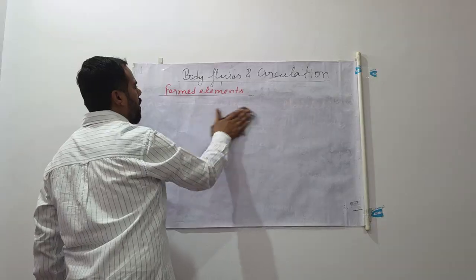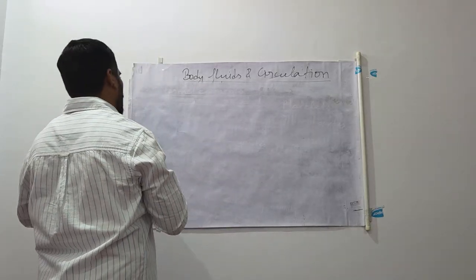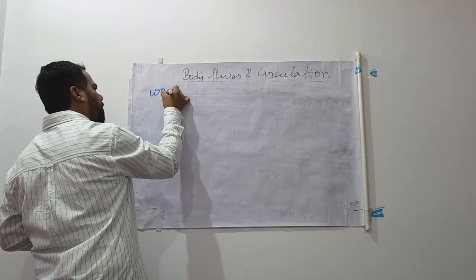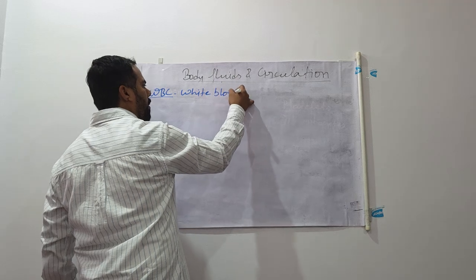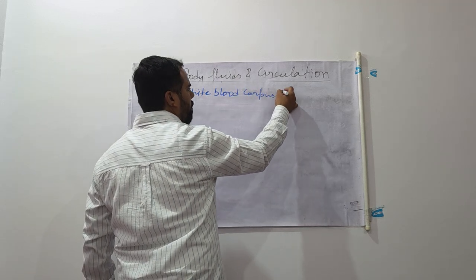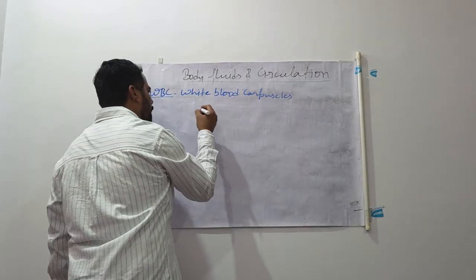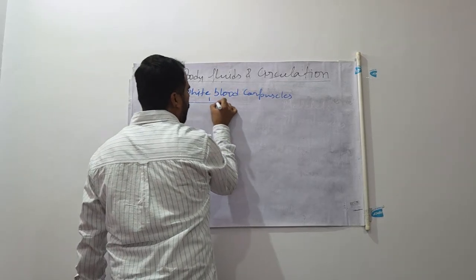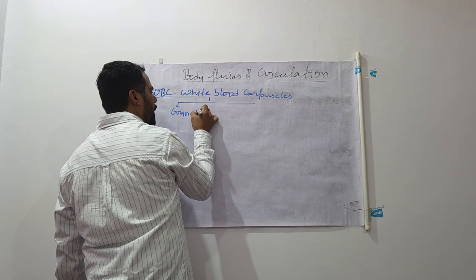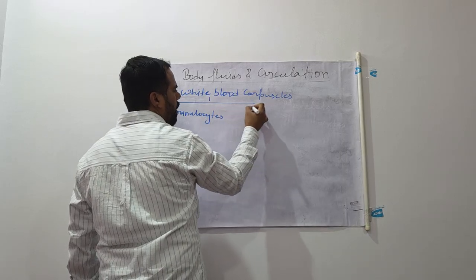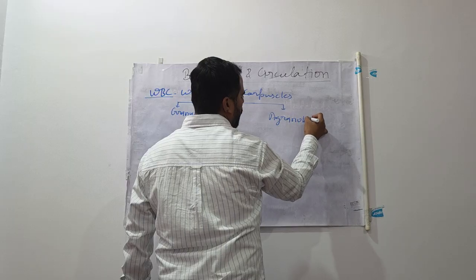So as I told you, what I am going to discuss now is WBC, white blood corpuscles. White blood corpuscles are made up of two types of cells. The first is called granulocytes. The second one is known as agranulocytes.